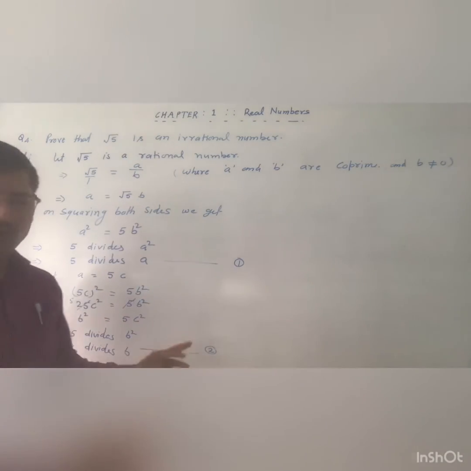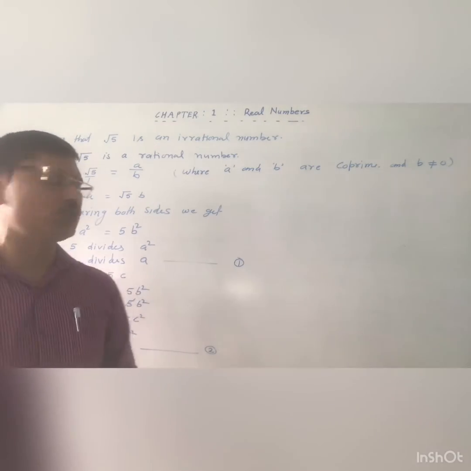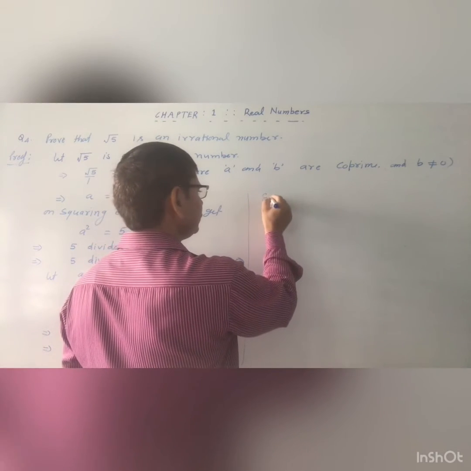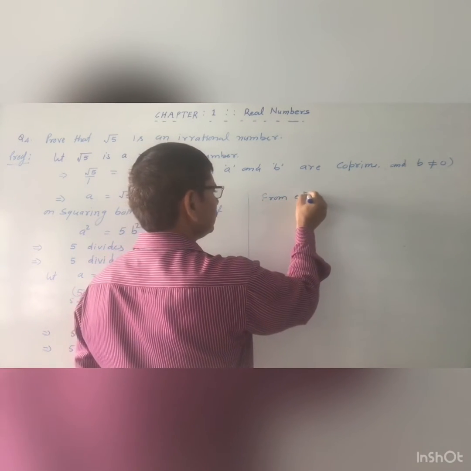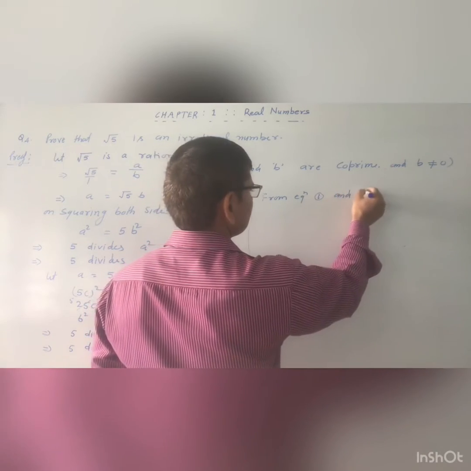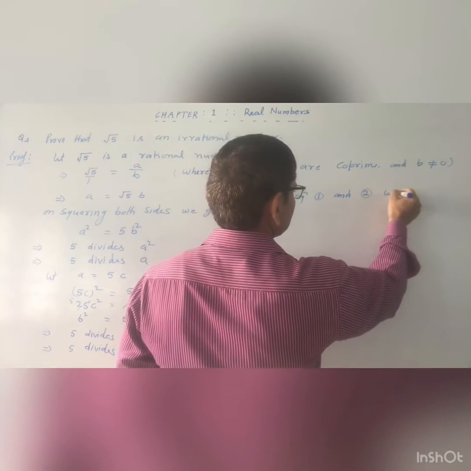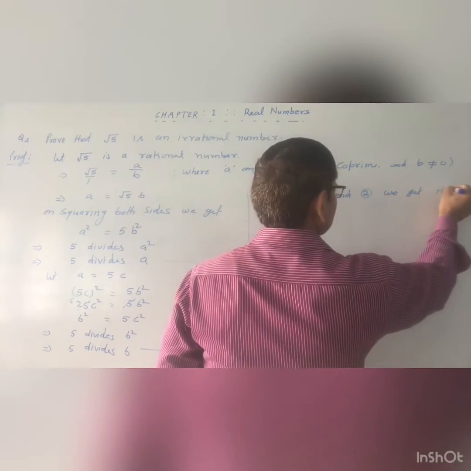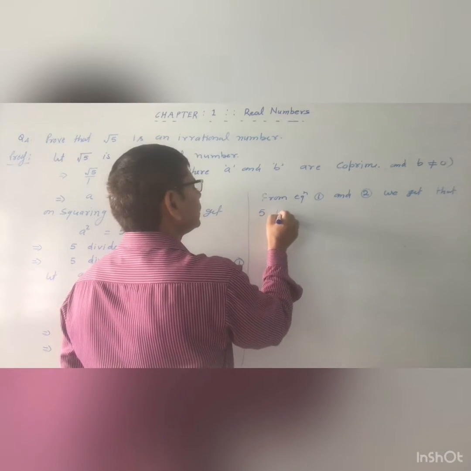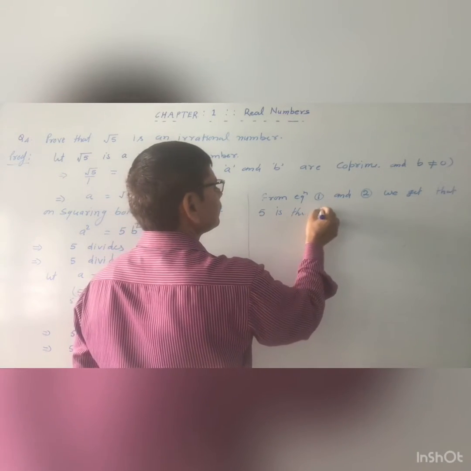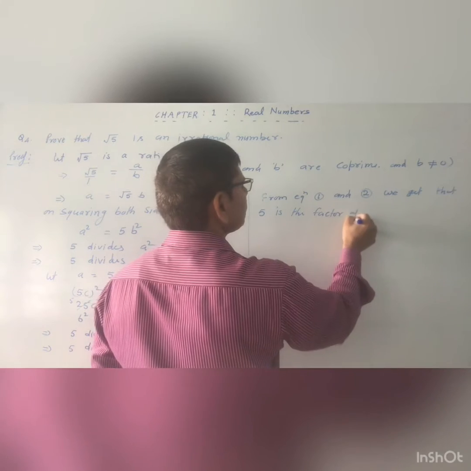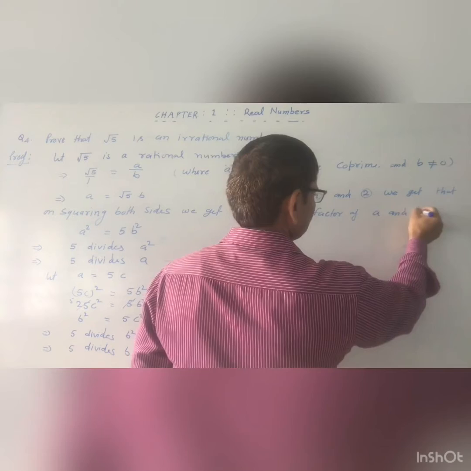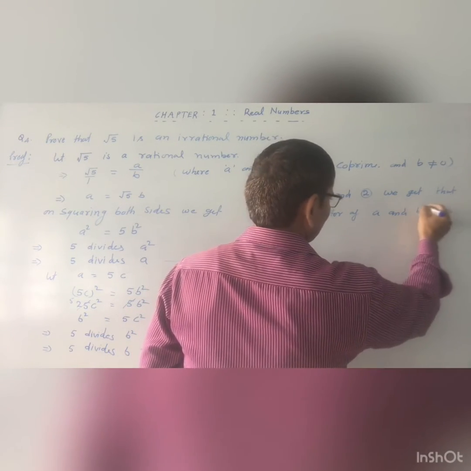From equation first and second we get a conclusion, that 5 is a factor of a and b both.